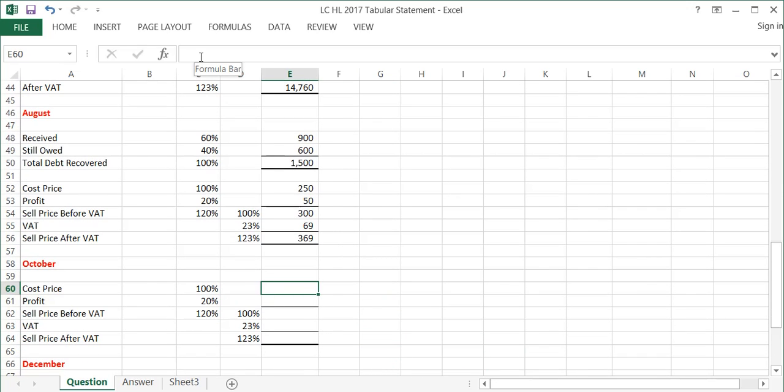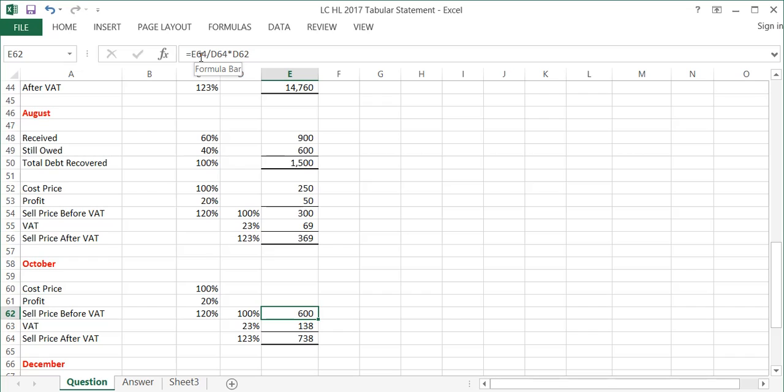Again, the 738 is the final amount here. So the final amount is 738,000. That's after VAT. So before VAT, it'll be 738 divided by 123 multiplied by 100, which is 600, which means the VAT would have been 138,000.